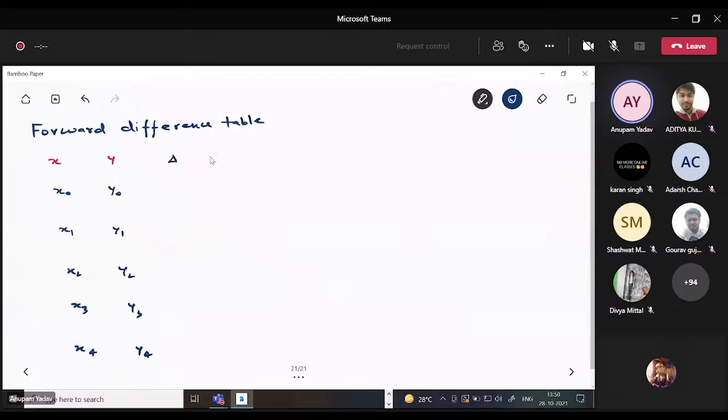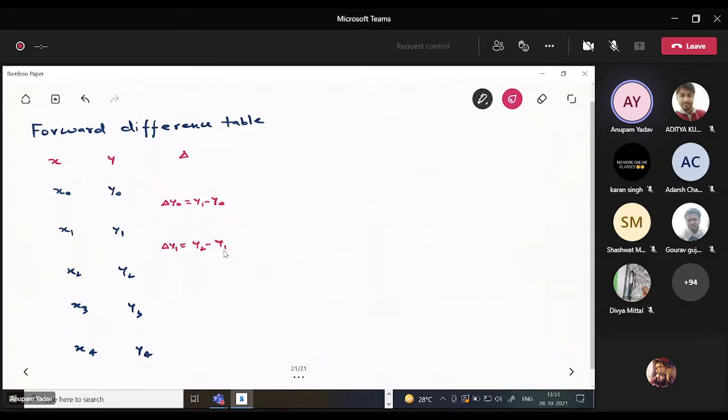So what would be the first difference? y1 minus y0. We can write this as delta y0, which is nothing but y1 minus y0. What would be delta y1? This will be y2 minus y1.